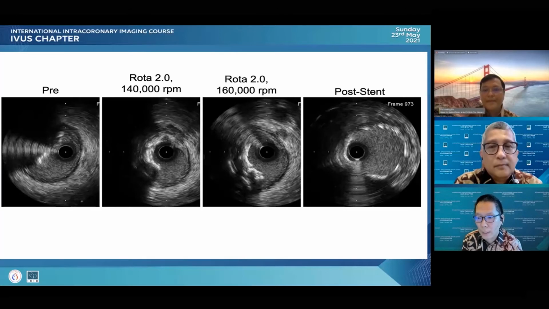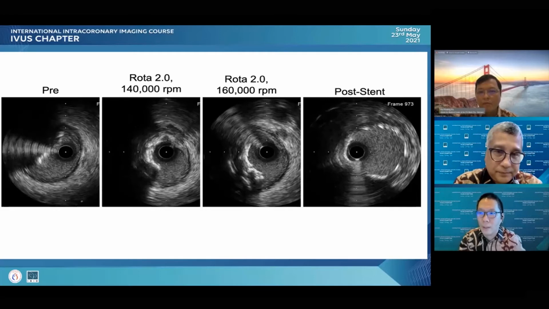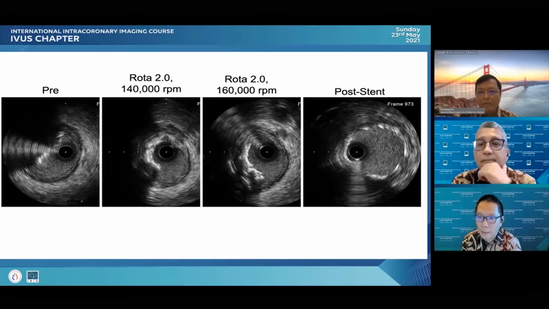But after I tried this in really long and really heavy calcification lesions like this, I was always impressed with this technique because it helped me, like in this picture. It causes a bigger lumen and it's easier to crack after I use the scoring balloon, making a better expansion. Last year, I saw a paper from Japan comparing high speed and low speed.